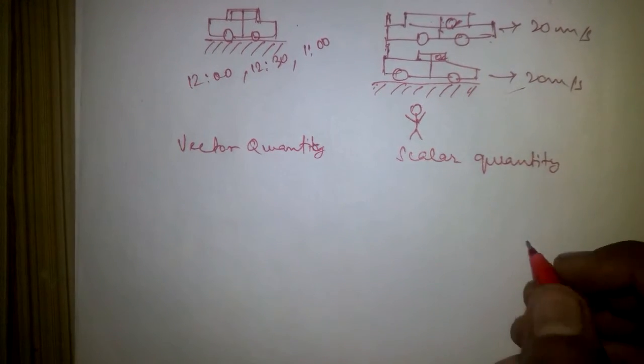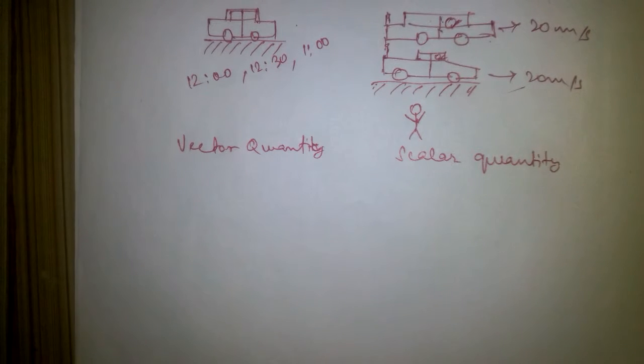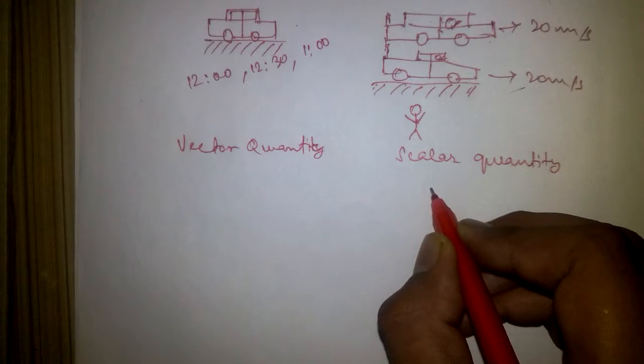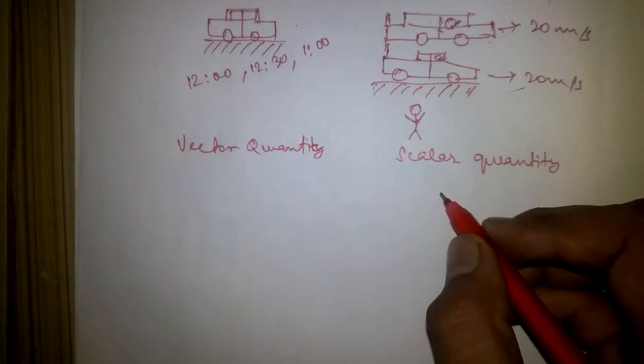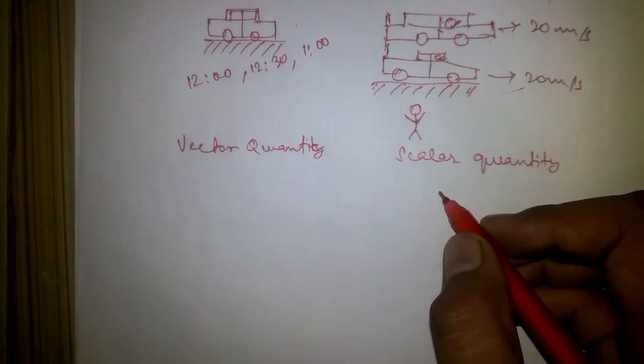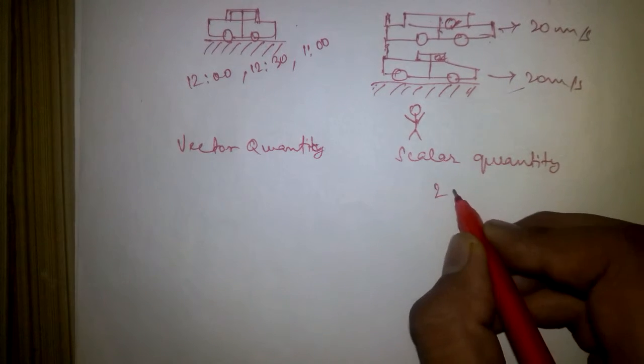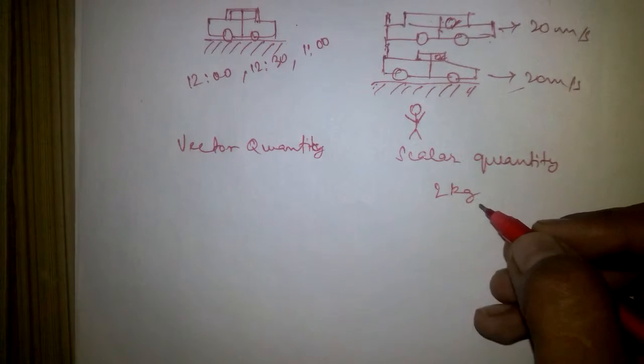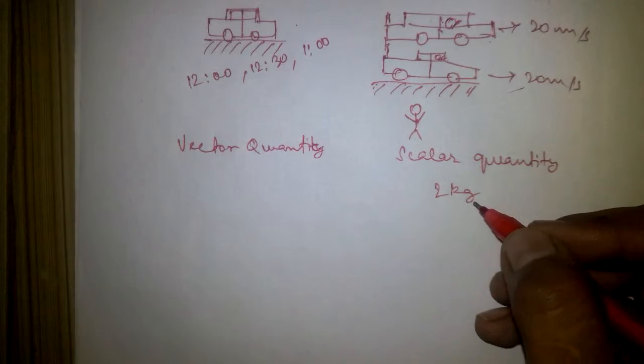A scalar quantity is a type of quantity which contains only magnitude. Suppose you come home and say to your mom, mom, I have brought 2 kg of potato for you, or 4 kg or 100 kg of this.